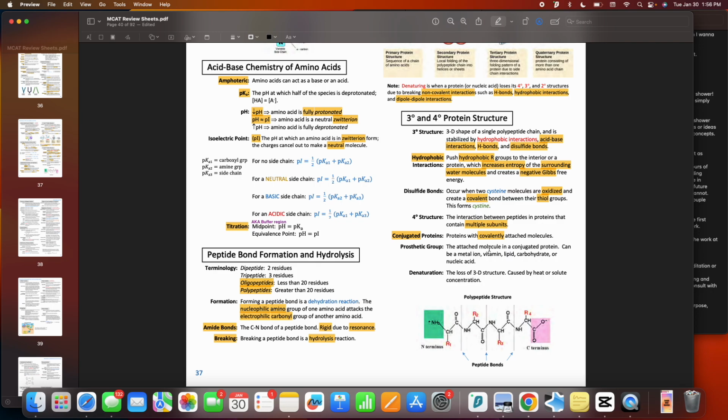So I'm writing down cysteine and conjugated proteins. We also have prosthetic groups.